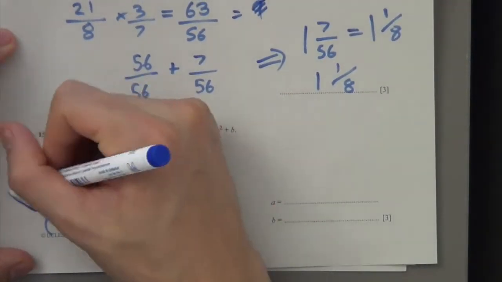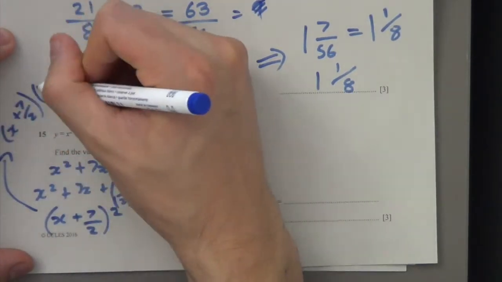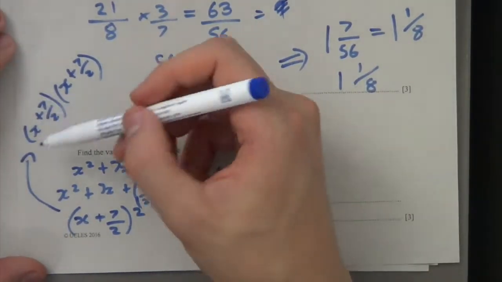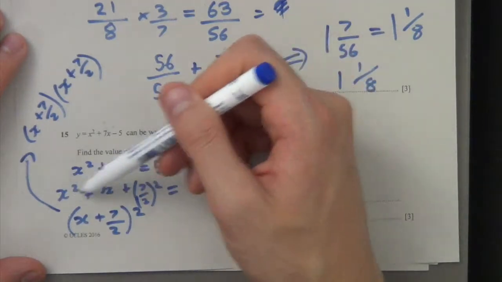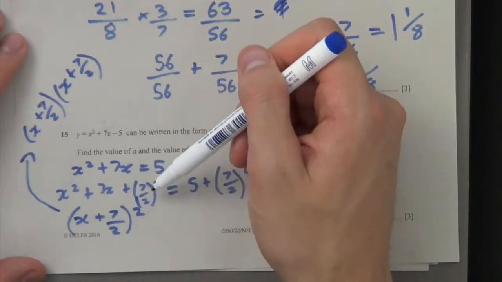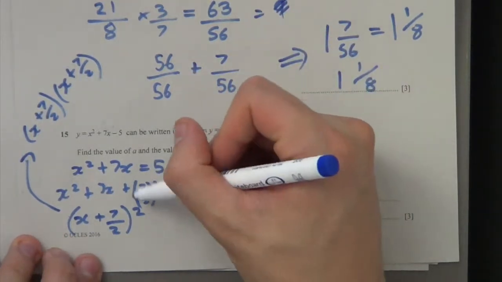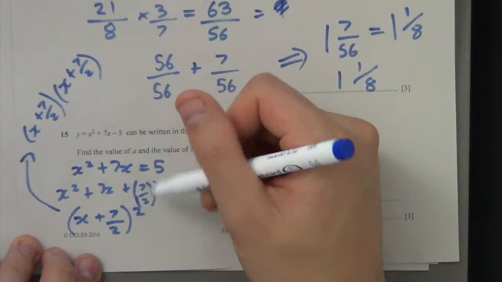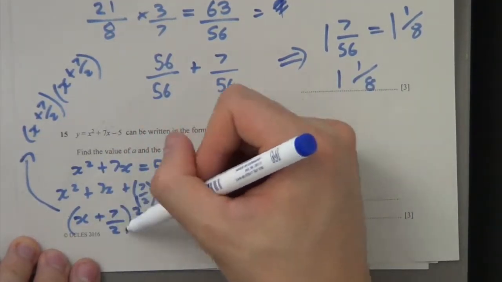For those of you who don't know, this is x plus 7 over 2 times x plus 7 over 2. If you expand these brackets out, you would get this. So that's why we've added half of the coefficient of the middle term, squared, to both sides, so that we can do this step here.